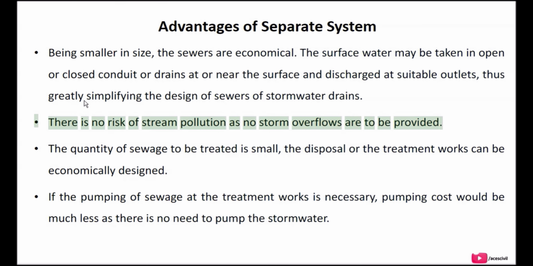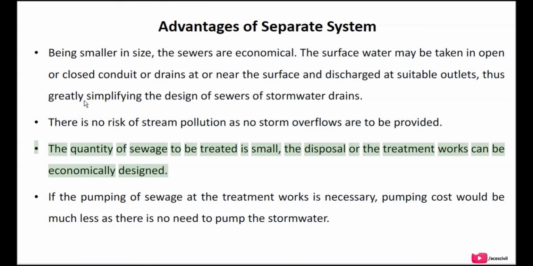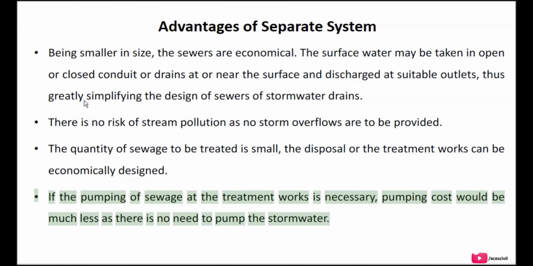There is no risk of stream pollution as no storm overflows are to be provided. The quantity of sewage to be treated is small. The disposal or treatment works can be economically designed. If pumping of sewage at the treatment works is necessary, pumping cost would be much less as there is no need to pump the storm water.